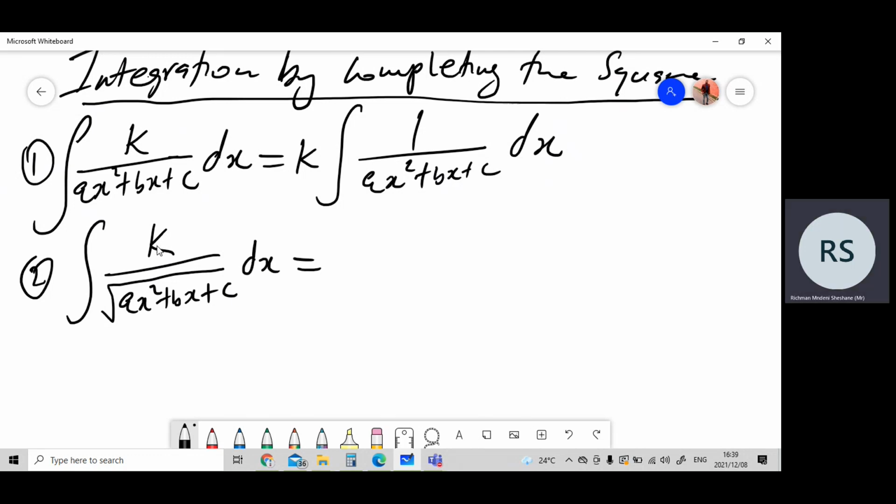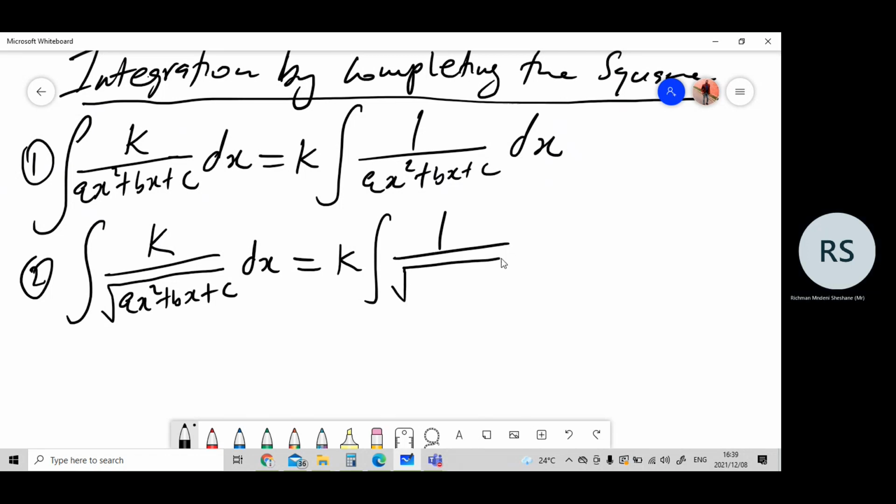Again, if you have a constant, you take it out, and you have 1 over a square root of a quadratic with respect to x. So always when you have 1 over a square root of a quadratic, know you're applying integration by completing the square. You just take your quadratic, complete the square, and put the quadratic in terms of 2 terms.